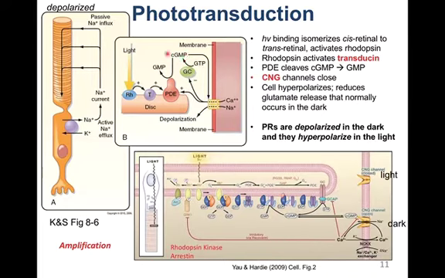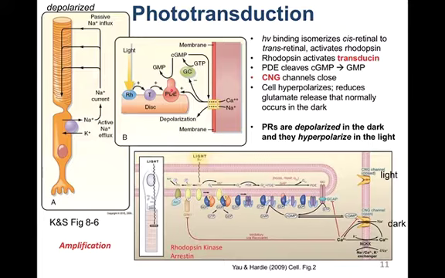That will cleave cyclic GMP into GMP, leading to closure of CNG channels and hyperpolarization of the membrane. That's not immediately clear the way this slide is presented, right? The plus sign here means rhodopsin activates transducin.